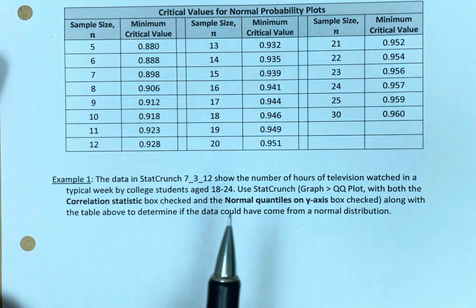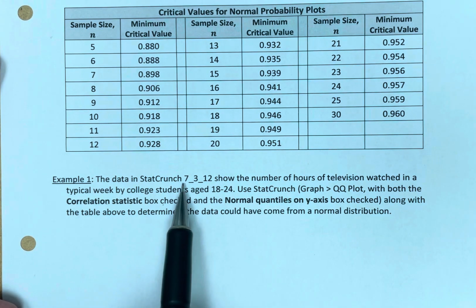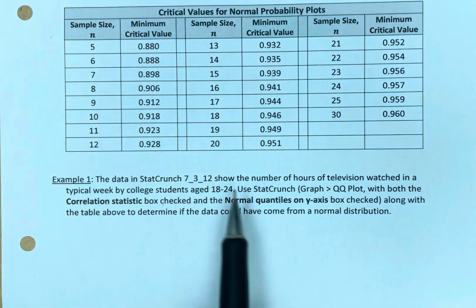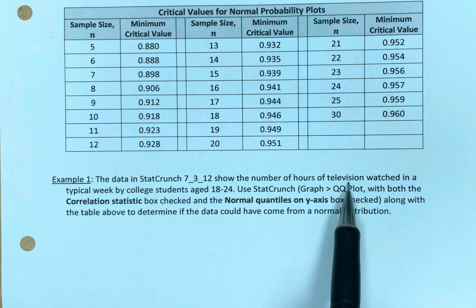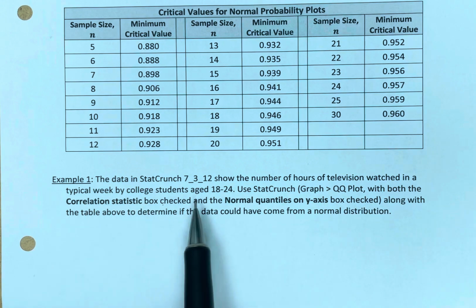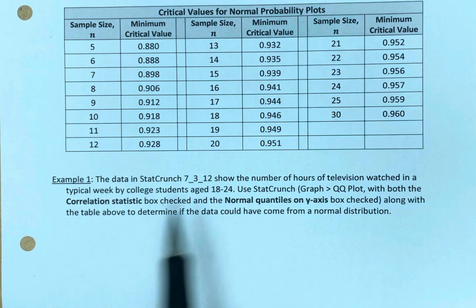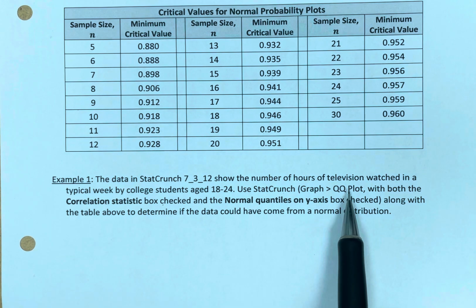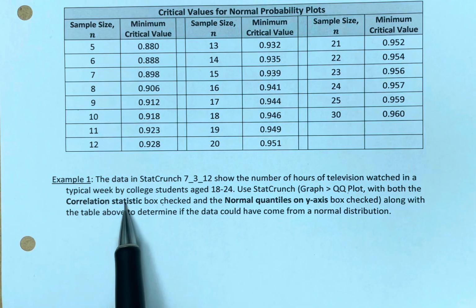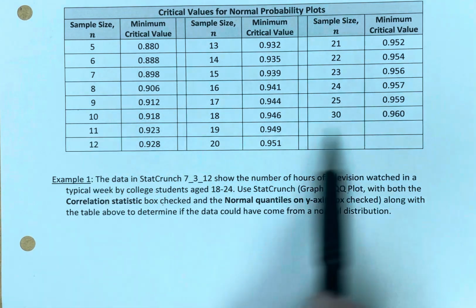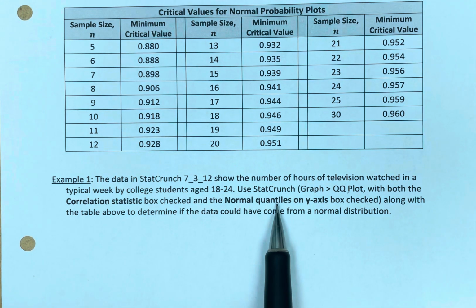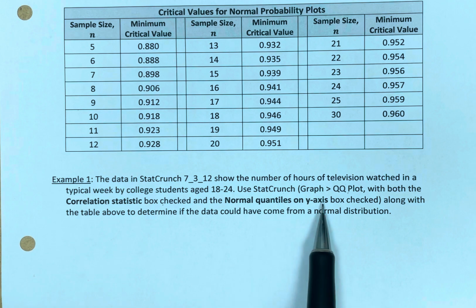And here's our example. The data in StatCrunch 7.3.12 show the number of hours of television watched in a typical week by college students aged 18 to 24. We're going to use StatCrunch, and we're going to do what's called a QQ plot, and we want to check both the correlation statistic, because that's what we're looking for, as well as putting the normal quantiles on the y-axis.